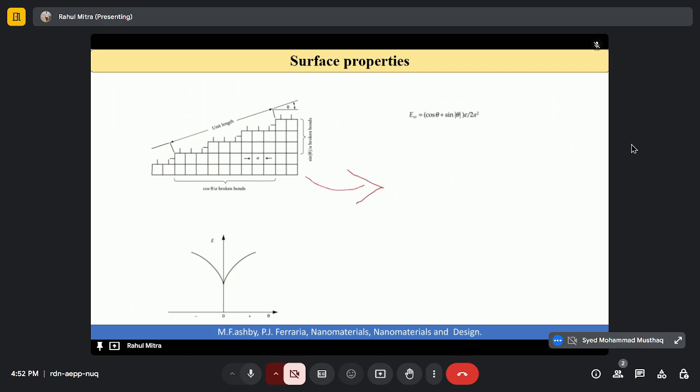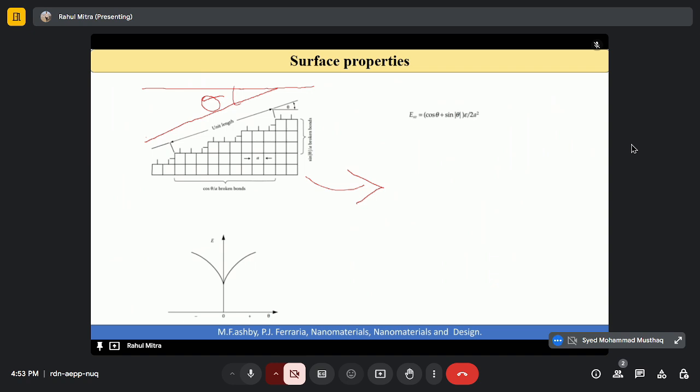Our 100 plane of simple cubic is this, but our cut is not perfectly parallel, it is inclined to a certain degree, given as theta. So once we have a cut not parallel to the 100 plane, the mathematics we have assumed will change.